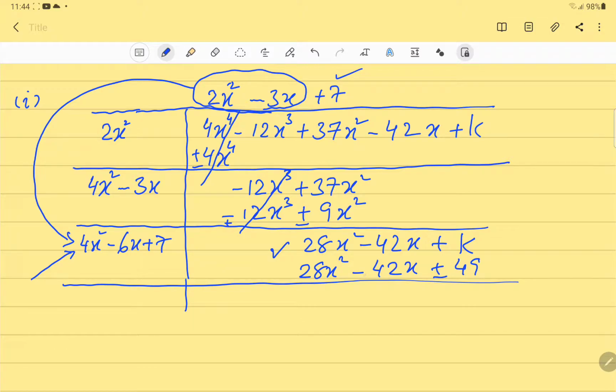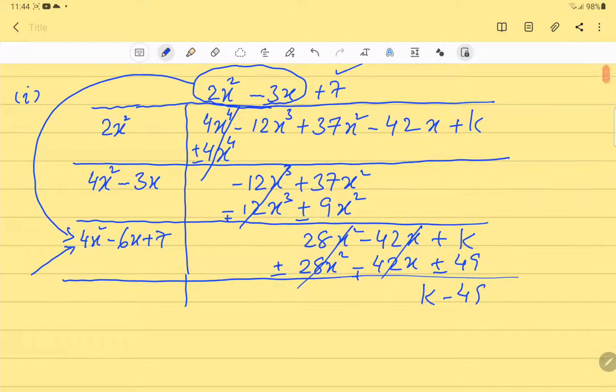Again we will subtract, the sign will reverse. This cancels, and we are left with k minus 49.